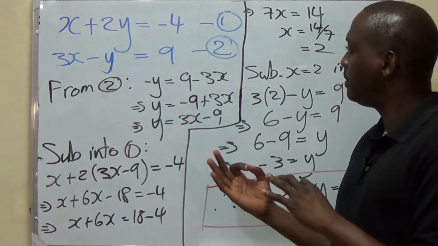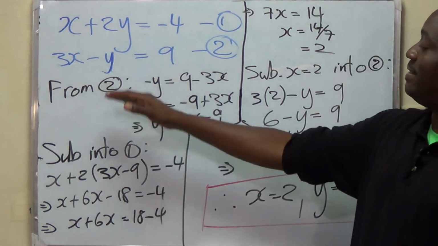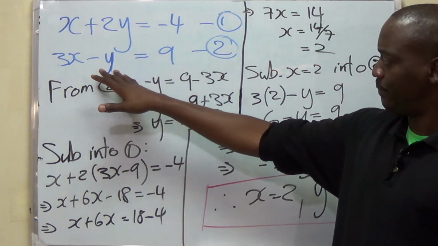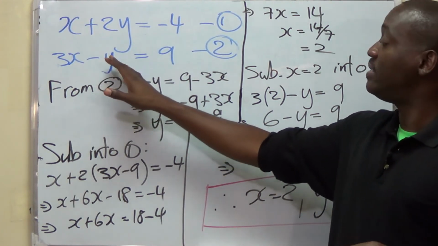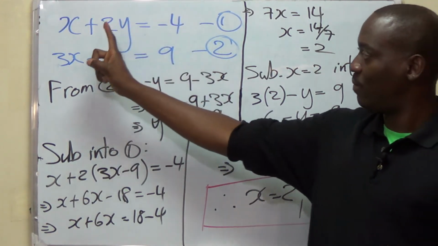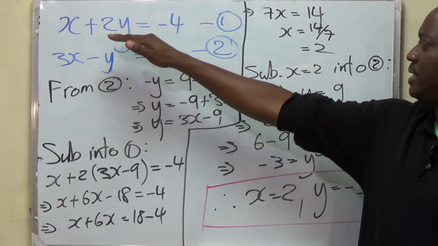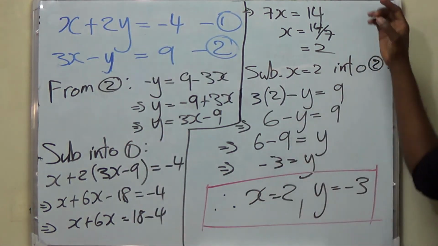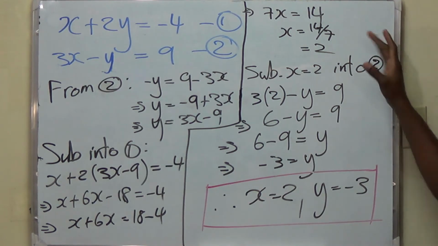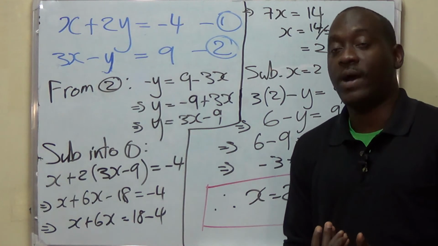In video 2, which is this video at present, we pivoted on the y variable. From equation 2, we found the value of y, we substituted it into equation 1, and then we got an equation in terms of x. Having found the value of x, we would then substitute the value of x into either of equations 1 or 2 to find the value of y.